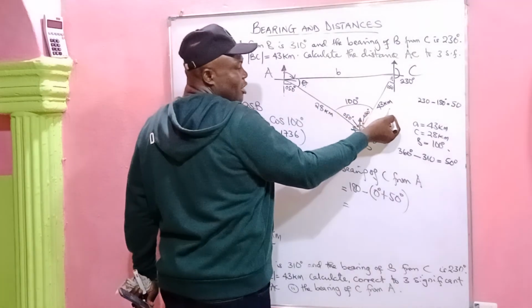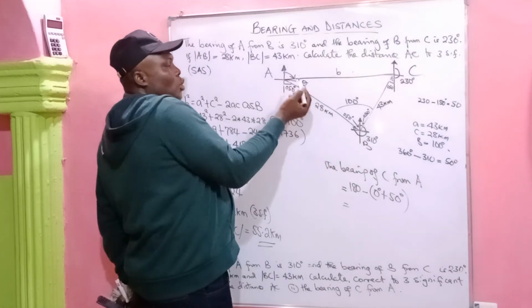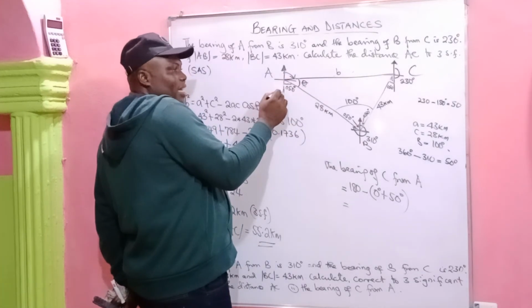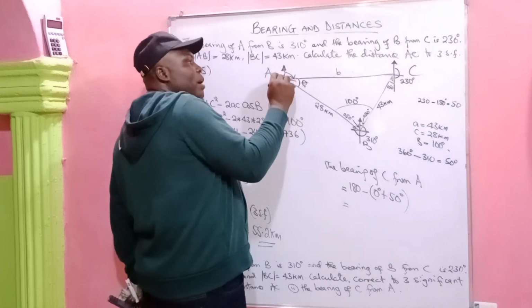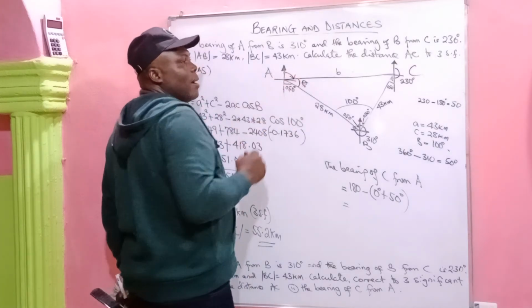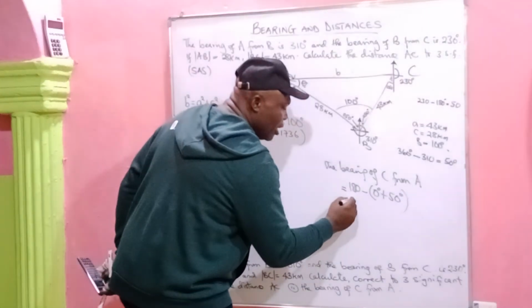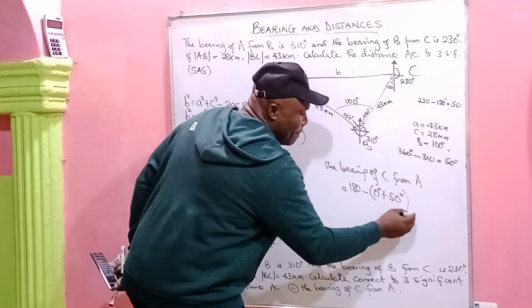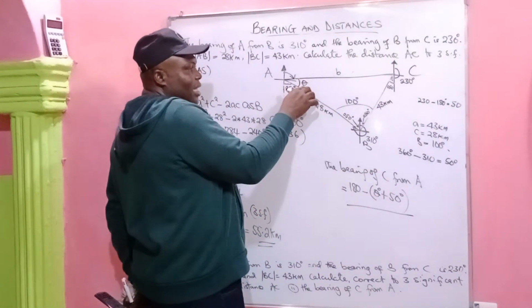We can calculate theta here by using sine rule. So you can calculate theta by using sine rule. So by the time you take 180, you subtract 50 degrees, you now subtract theta, you'll be able to know what is left, which is the bearing of C from A. So the bearing of C from A will simply be 180 degrees minus theta plus 50, because this is theta, this is 50.